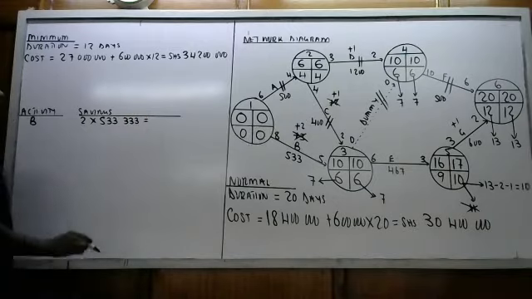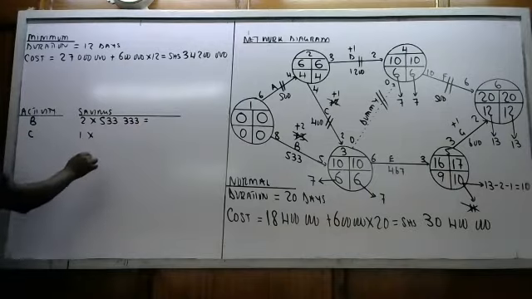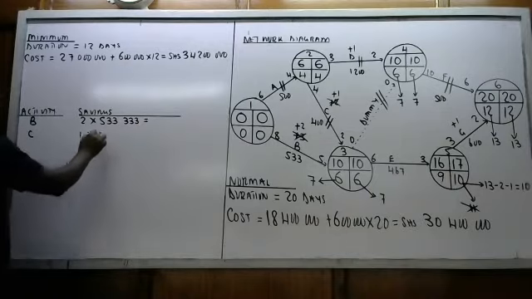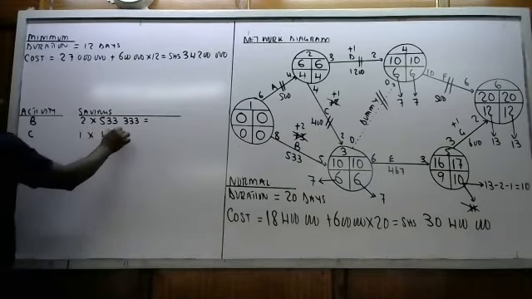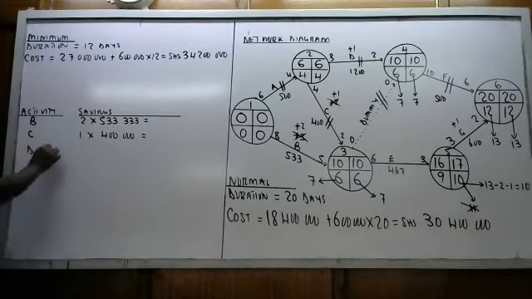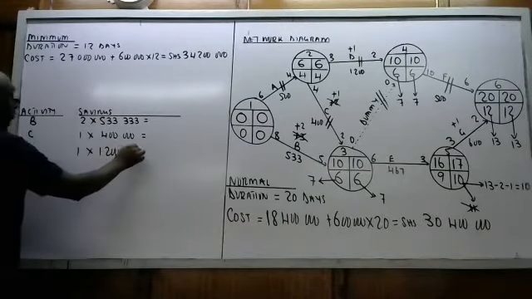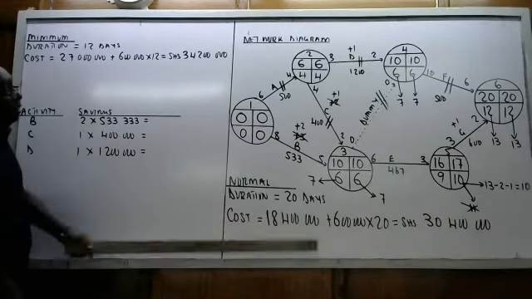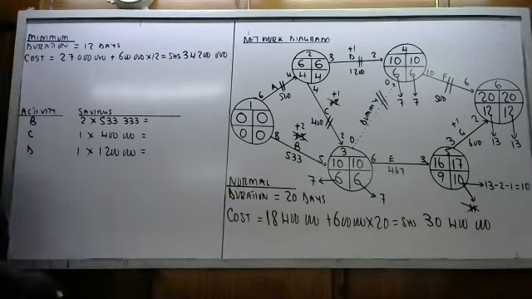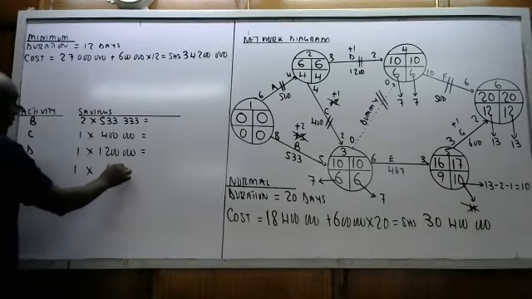C, we have added 1, and it has 400,000. Remember, these figures were in thousands. D, we have added back 1 day, which has 1,200,000. E, we have not added, but G, we have added back 1 day with 600,000.